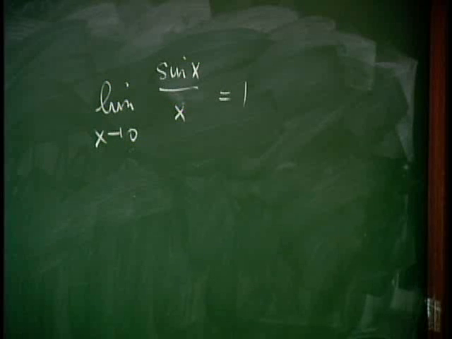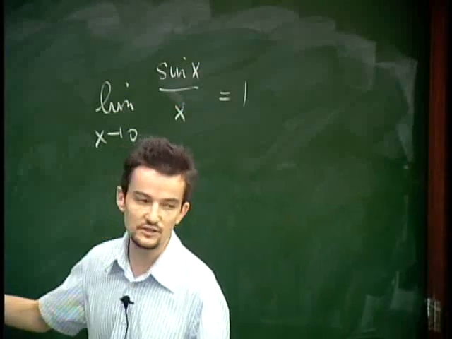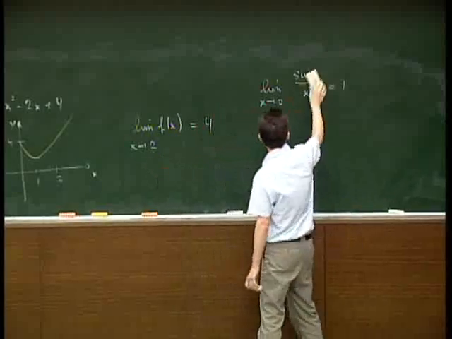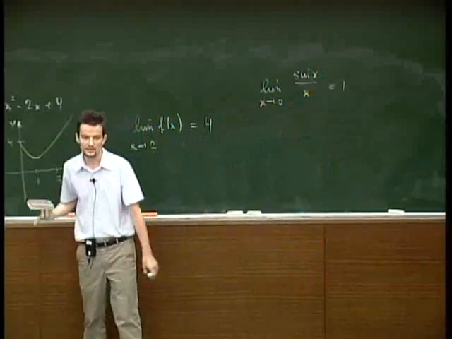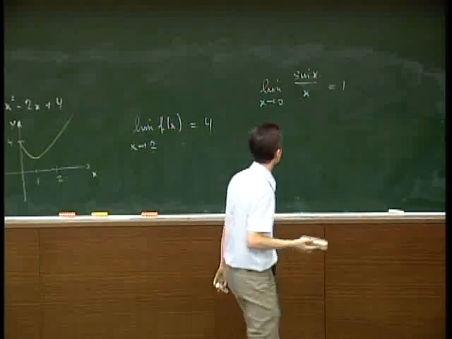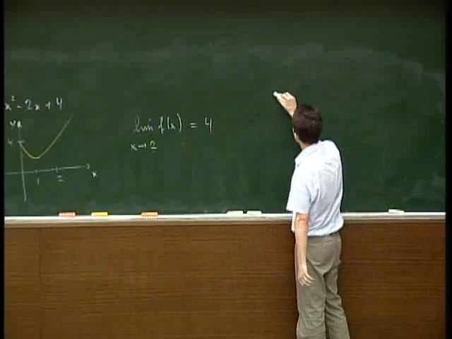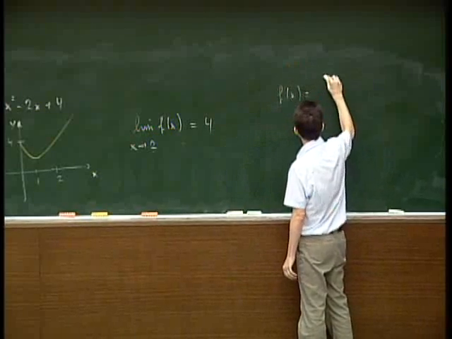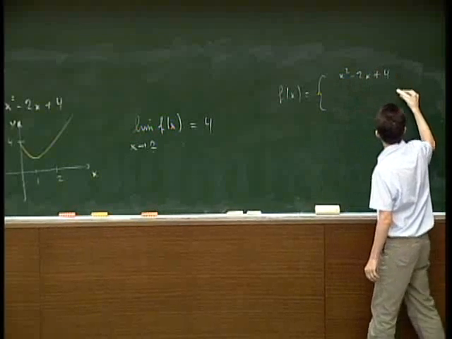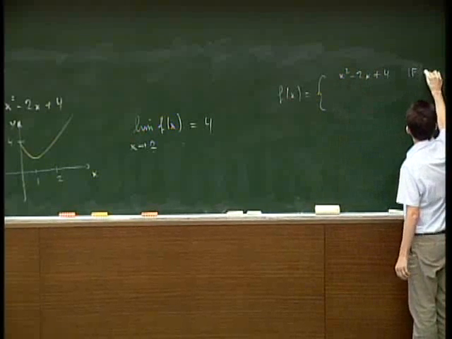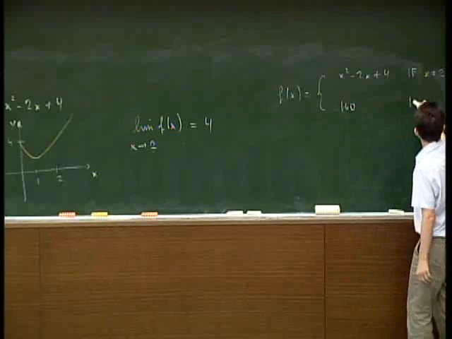Now, because in the limit notation x is not equal to 2, functions which are differently defined at 2 will still have the same limit, okay? This is a basic principle. So for instance, if I look at a slightly different function, which is x squared minus 2x plus 4 if x is not equal to 2, and 100 if x is equal to 2.